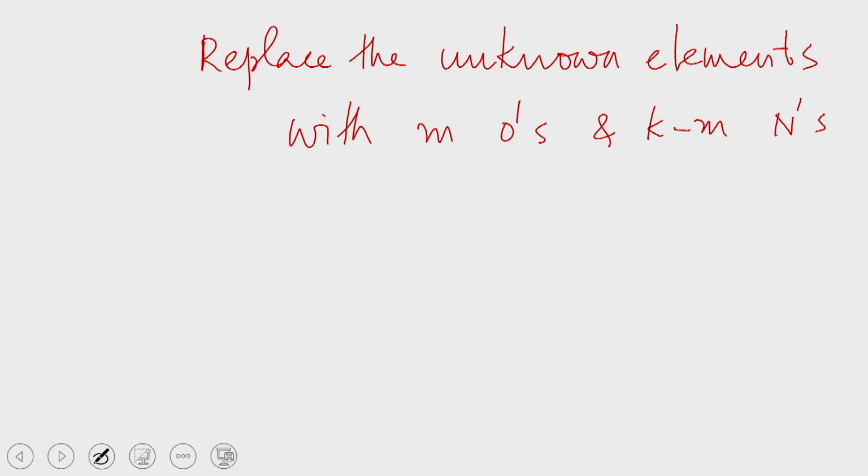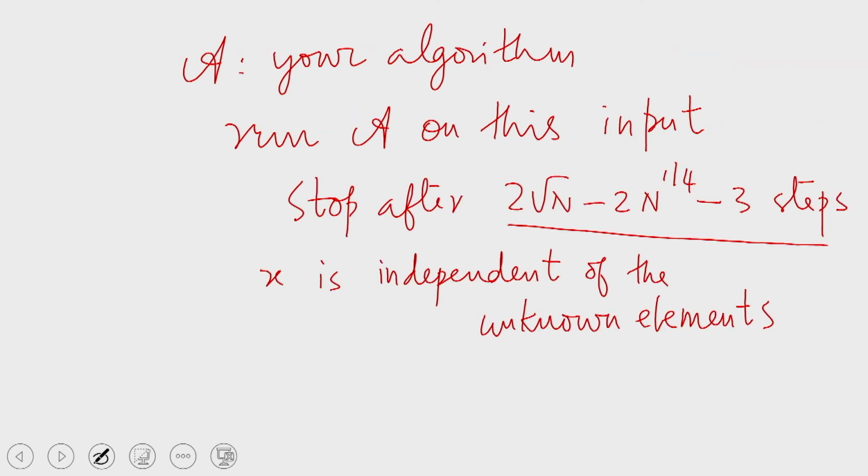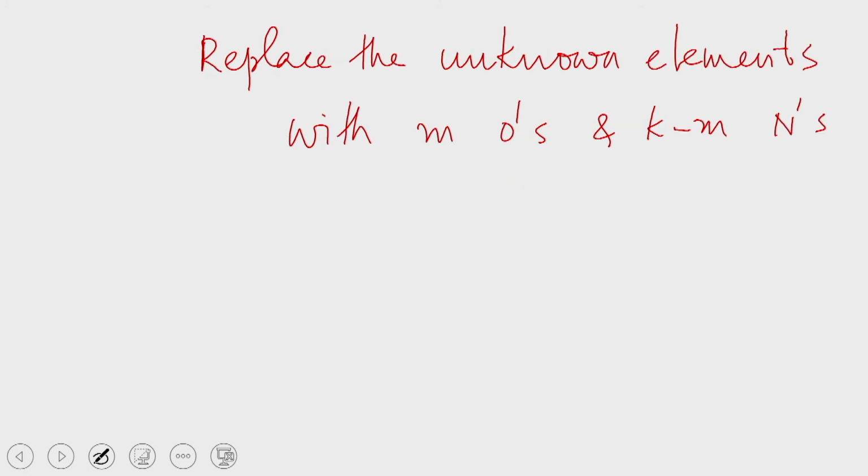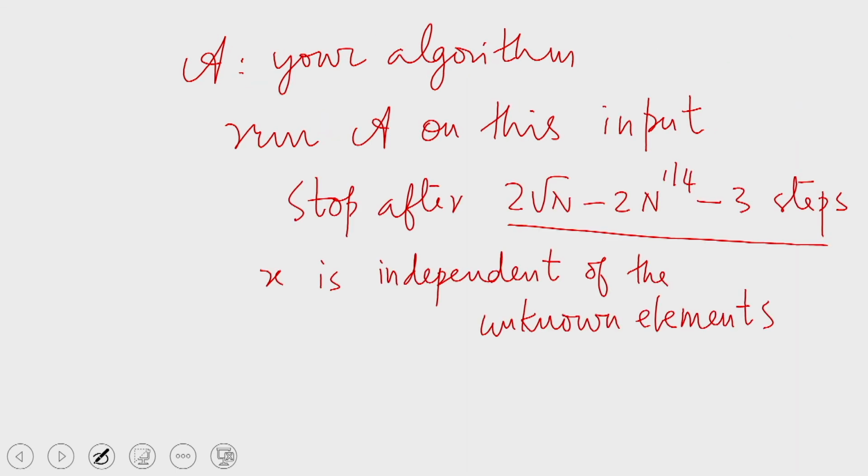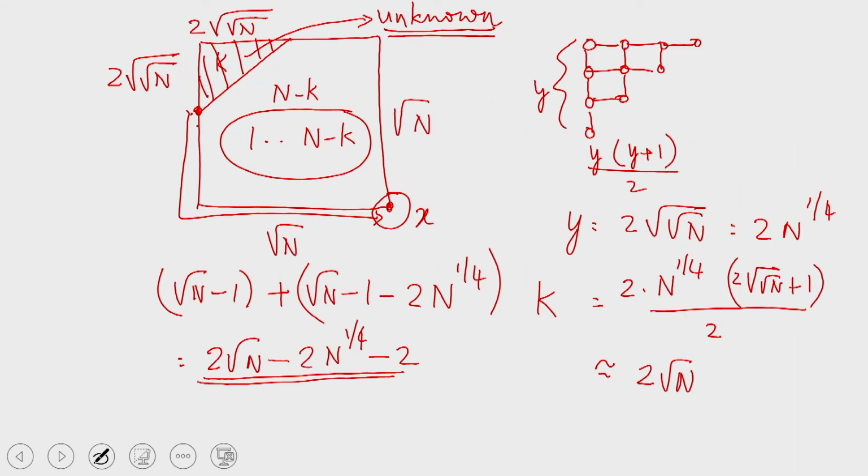Then when you run the algorithm A on this input again, if we stop the algorithm after exactly these many steps, x would be exactly where it is now, in the bottom right corner. But then if you continue executing the algorithm, x would move from this position. That is because now the unknown elements are going to influence this x.